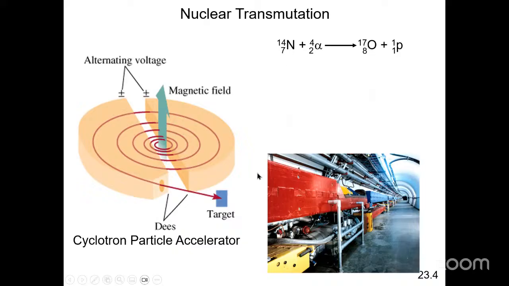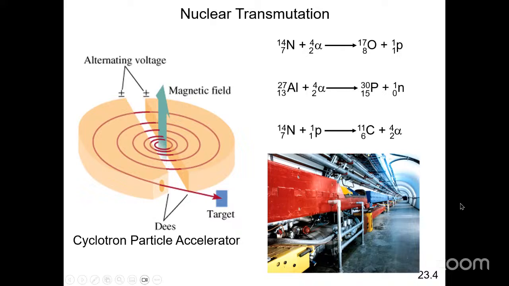There's another example as well, the transformation of aluminum-27, a stable isotope, being converted into phosphorus-30, which is not as stable. And there's a third one, again creating a less stable isotope from something more stable.